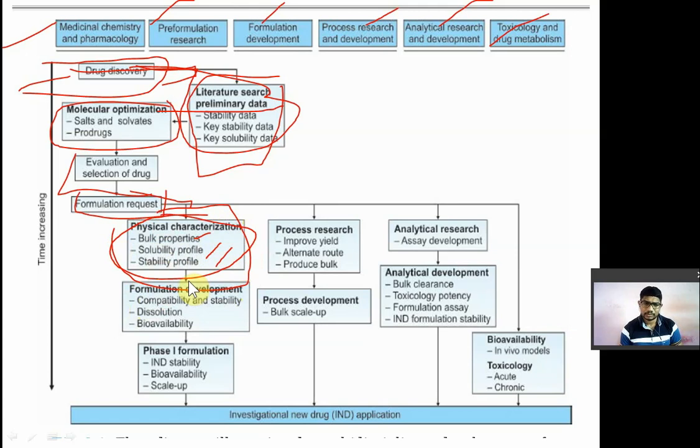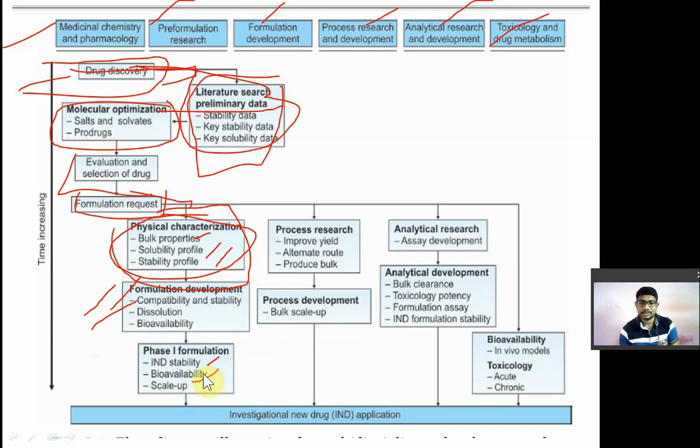After that, if the study is satisfactory and meeting all the required standards, then there will be formulation development, and at that time compatibility and stability are also checked, a dissolution study is done, and a bioavailability study is done. Then there is another phase, with intrinsic dissolution, stability study, bioavailability study and scale up.